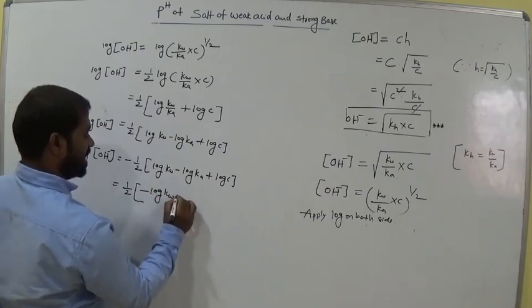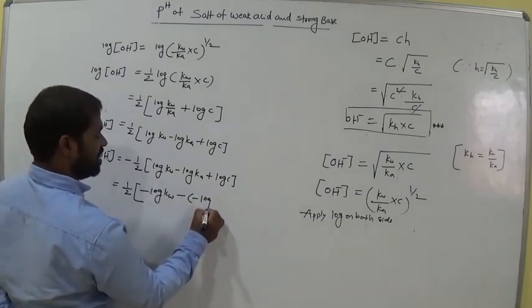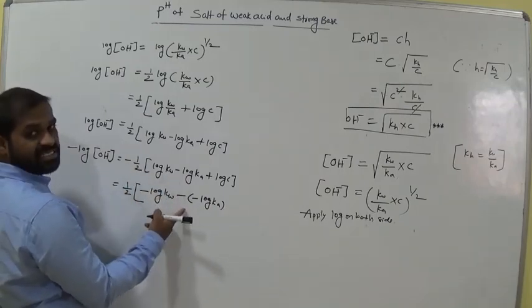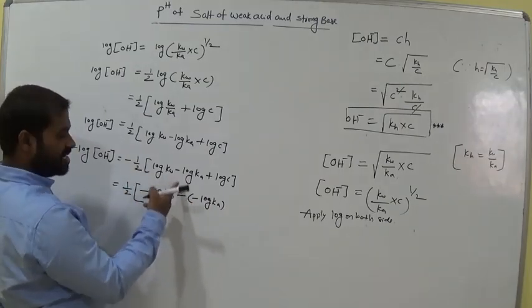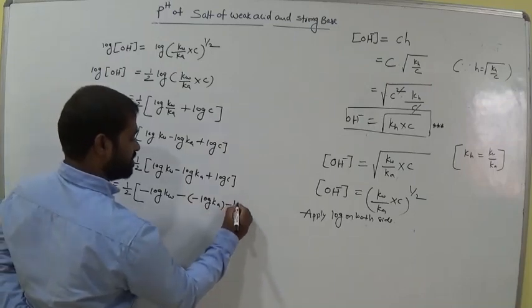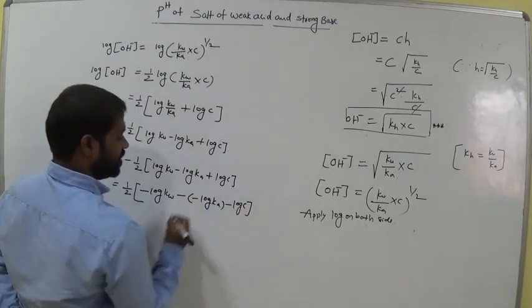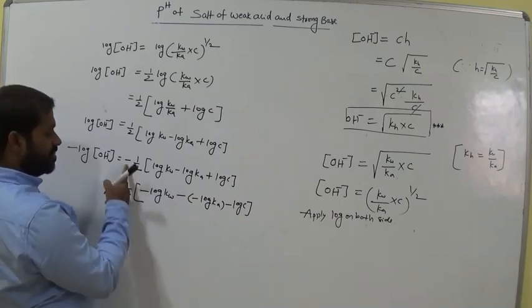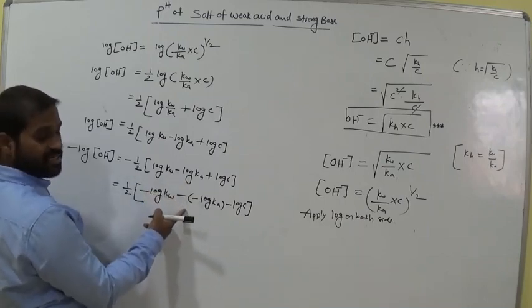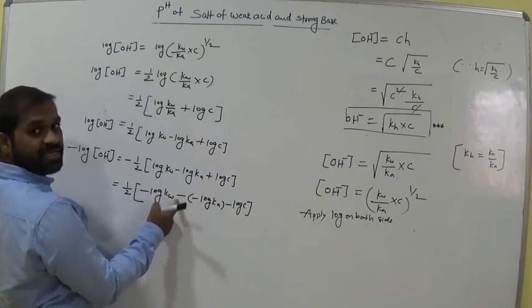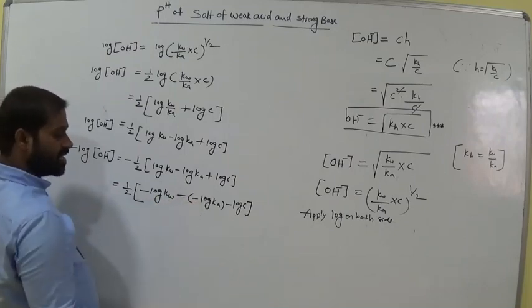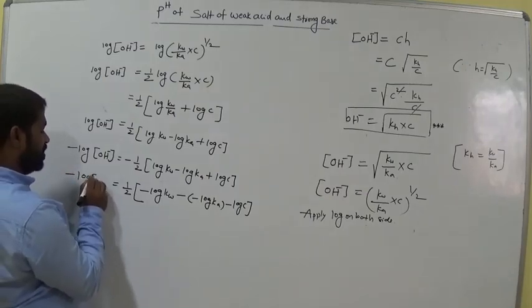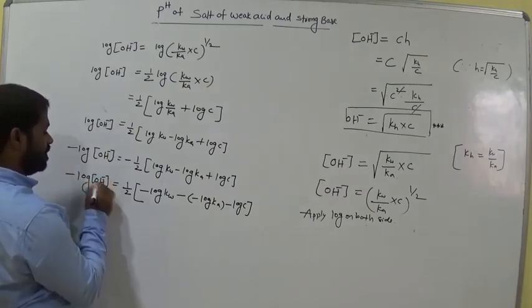Now minus of minus log Ka, minus into minus is plus, am I right? Minus of minus again plus. So now it is minus log C. Minus into minus how much? Plus only. Now this is minus log OH minus.